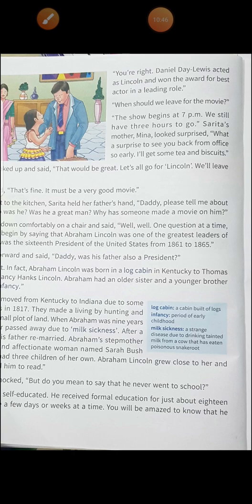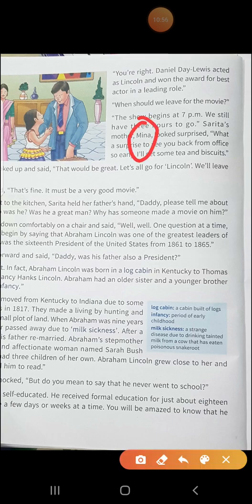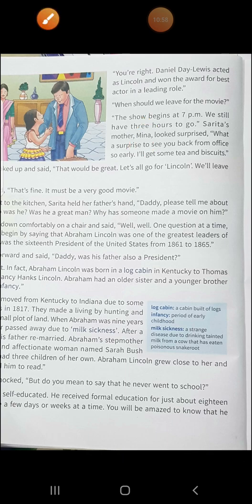Means what is the time by that? 4 p.m. Now Sarita's mother entered and her name is Meena. You can see here it's written Meena. Meena is the name of Sarita's mother. She looked surprised. Why was she surprised? To see Joginder so early.